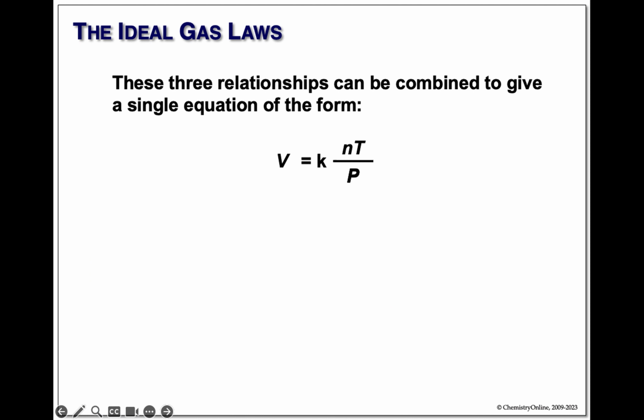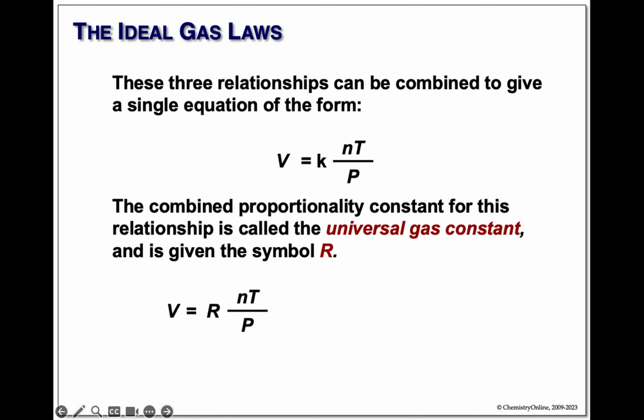I can call it anything I want. So I am going to call it R. Uppercase R I'll use. And I'm going to call R the universal gas constant. Volume is going to equal R times the number of moles times the temperature divided by the pressure.